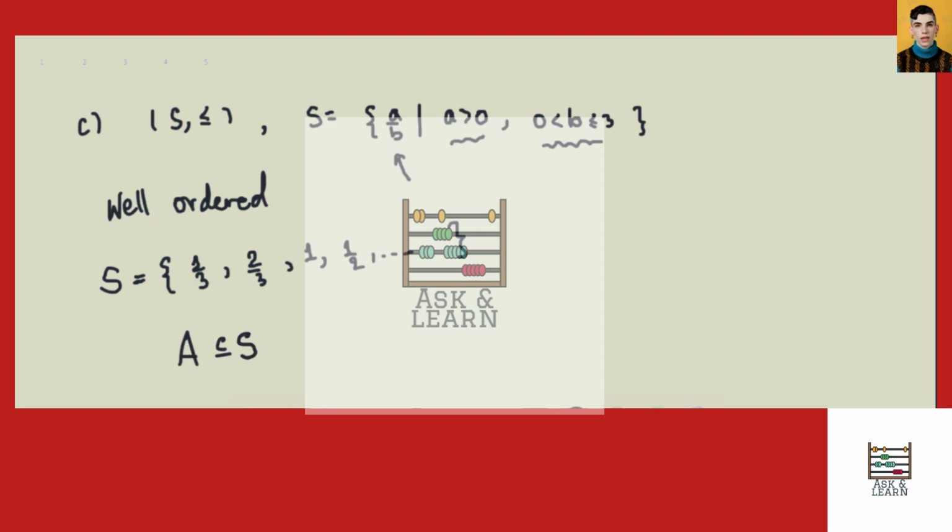A of S must have a least element, otherwise we can do the following process. Pick anything in A, right? It's not empty, so it exists.